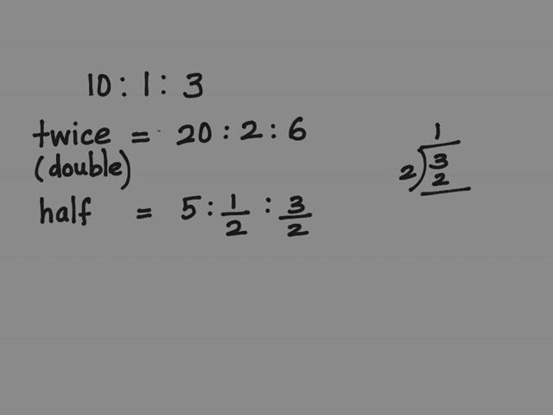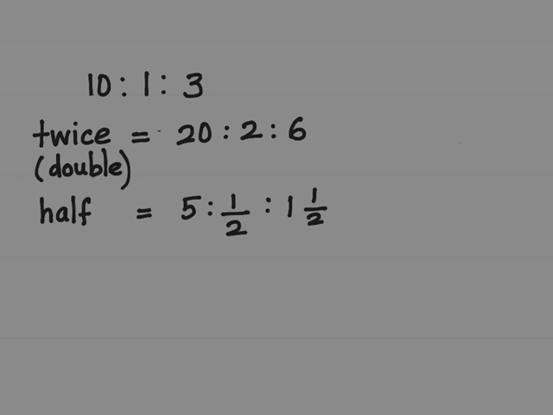One 2 goes in 3, and when we subtract, you write 1 and 1 over 2. So 3 divided by 2 can be written as 1 1/2.